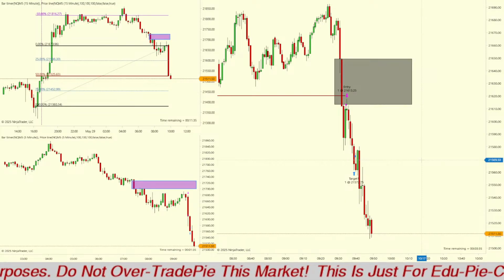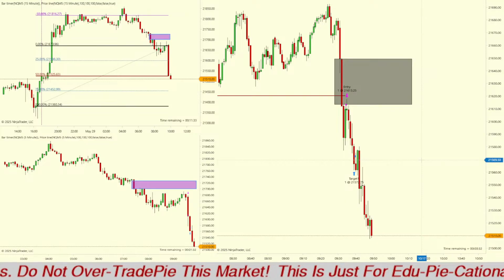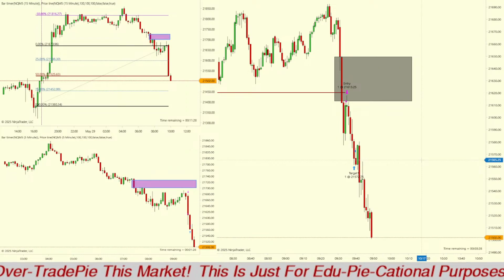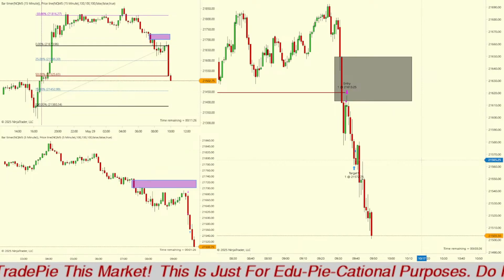Now we reached the 510 level, and we are going below, near the opening gap's low.